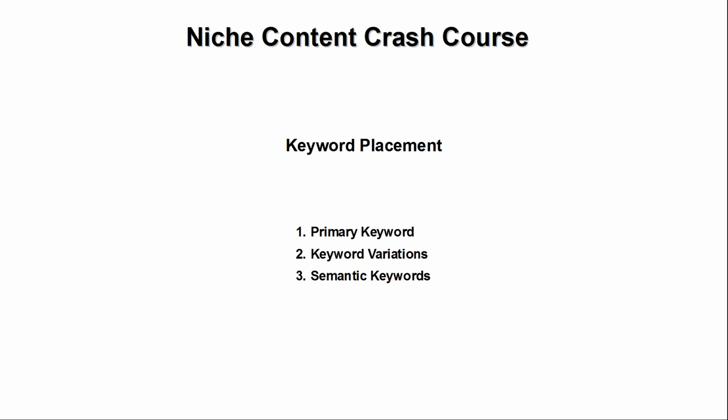Instead of using it over and over and over again, you come up with a number of variations of that keyword phrase. And then you use each variation a couple of times throughout your writing. Then as a whole, between your primary keyword phrase and these variations, you actually end up with a pretty decent number of these in your entire article.